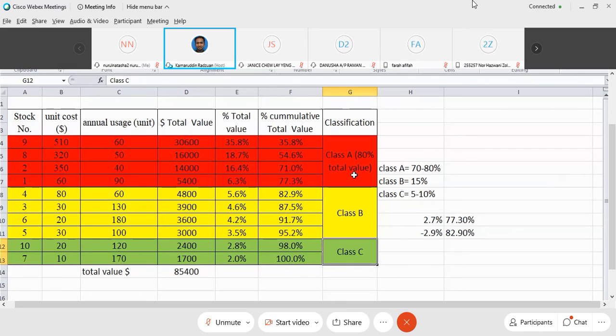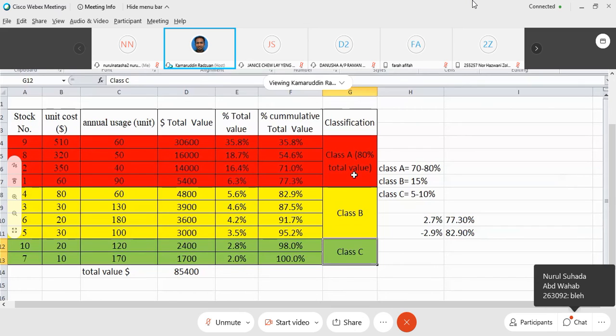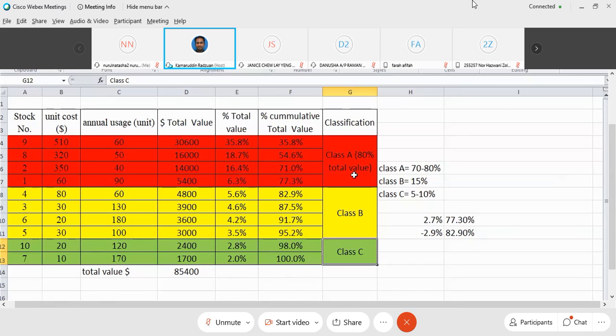Boleh. Okay? Why do we do the classification of inventory? Why do we need to do the classification of inventory? Any of you have opinion or suggestion? To handle the cost. How do we handle the cost?